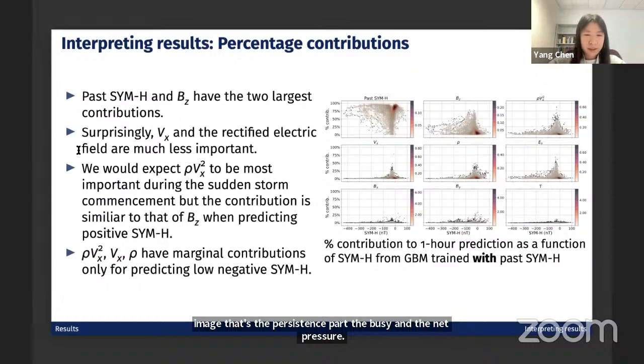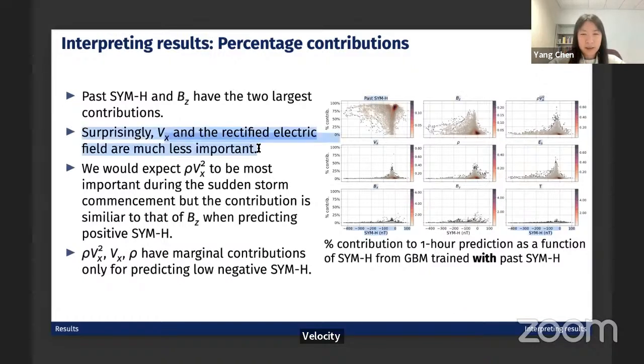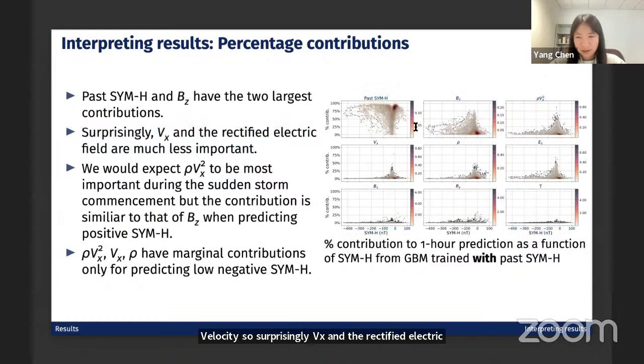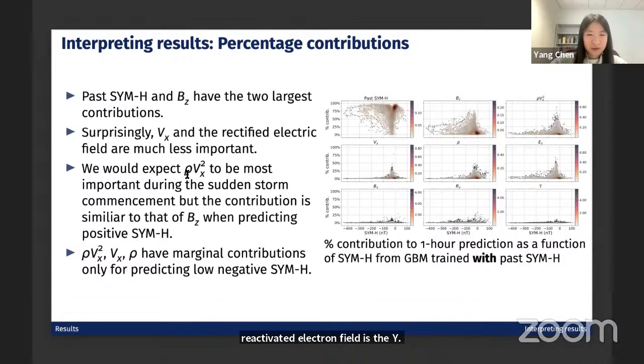So surprisingly, Vx and the rectified electric field are much less important than others. The rectified electric field is the Ey. We were expecting that rho Vx squared would be the most important during the sudden storm commencement, which means around the Sym-H values of -100 to 0, but the contribution is similar to that of Bz. You can see that here.